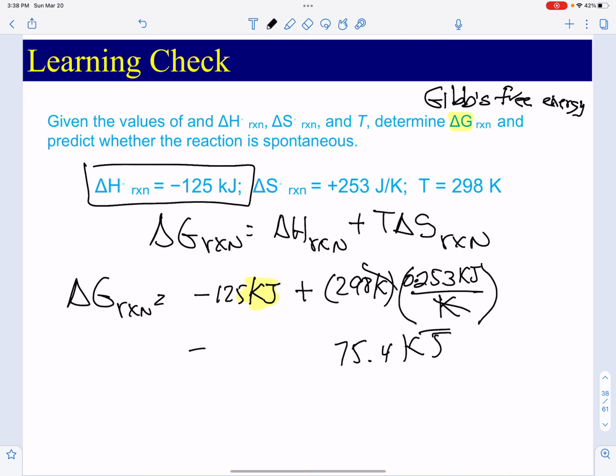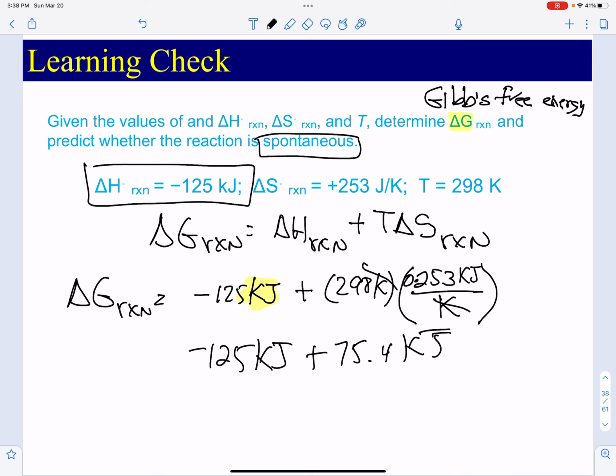And we're adding this to minus 125 kilojoules. I can already see that my result is going to be negative, so this is going to be spontaneous. That's all I need to know. Would it be negative or positive? From those numbers, I know it's going to be negative. The negative is the bigger number. So that's going to be spontaneous.